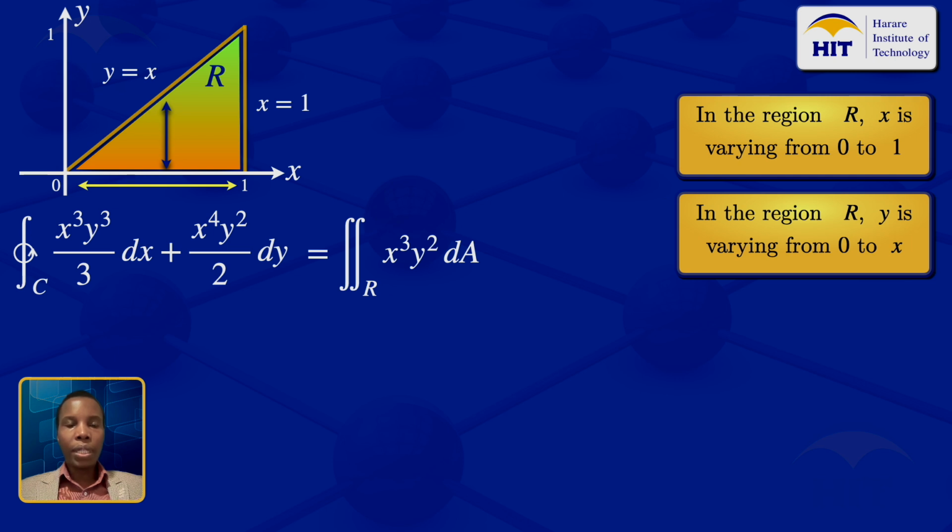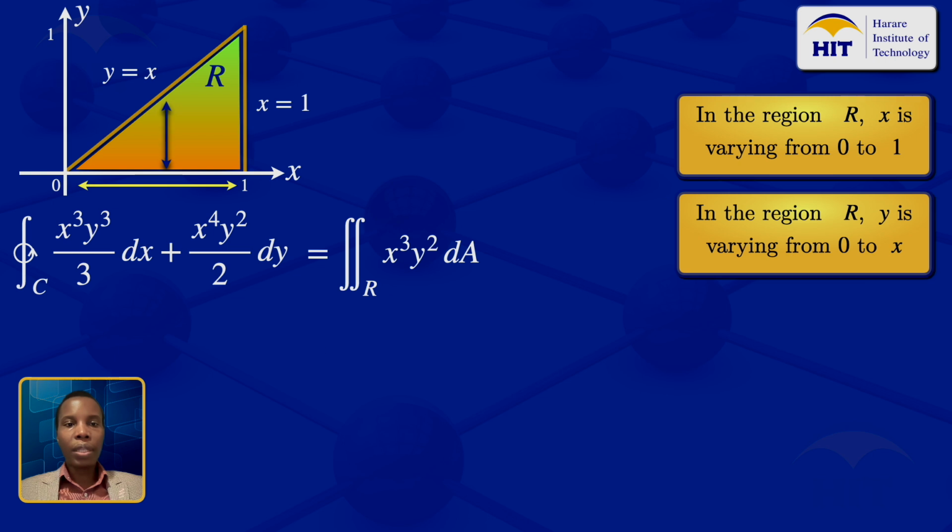When you are evaluating double integrals, we put the integral with the constant limits outside, then the integral with the variable limits on the inside. That's the one that we evaluate first. In this case, y is the one that has variable limits, so it's the one that we evaluate first.